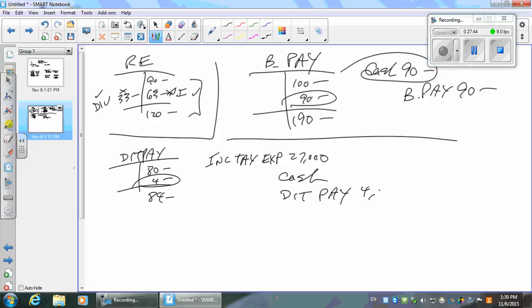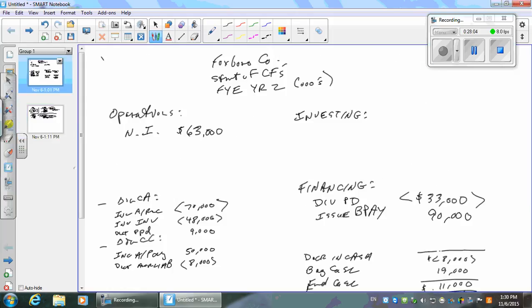The federal government. So how much cash did they pay out? Only 23,000. How much tax expense is there on the income statement? 27. But only 23 got paid out. So what do we do with this increase in deferred income tax? We add it back to net income.